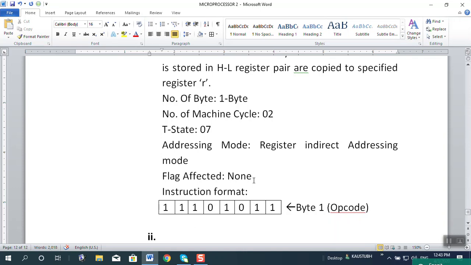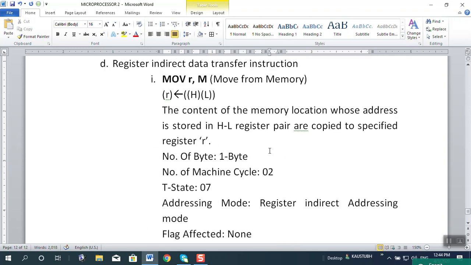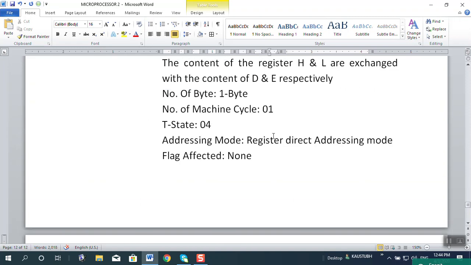And in the instruction format it is 0 1 D D D 1 1 0. So there will be 7 instructions under this category.